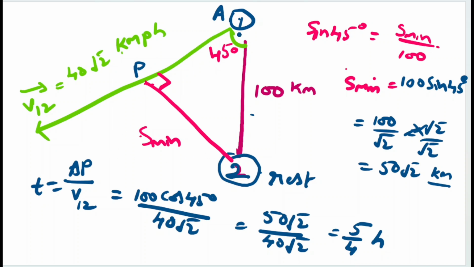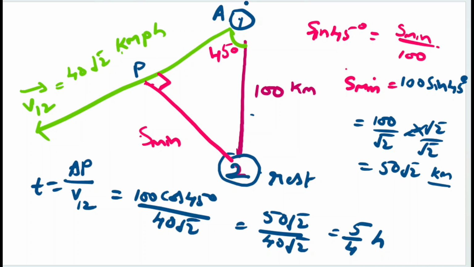And if you want to find after how much time the first car will come to the shortest distance from the second car, time is equal to distance by speed. This distance by the speed 40 root 2. This distance is 100 cos 45, the adjacent side.